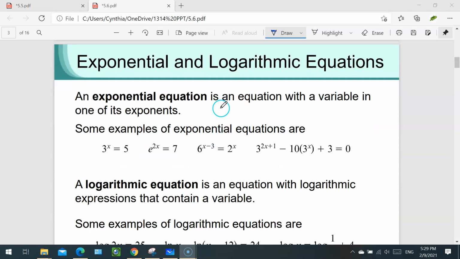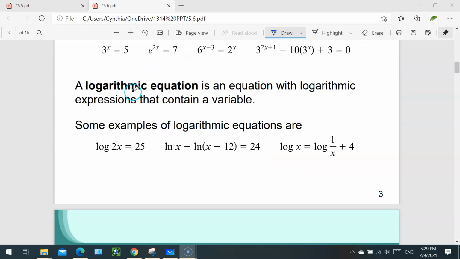Exponential equation is an equation with a variable in one of its exponents. So you'll see the unknown variable located in the degree power part. The logarithm equation is an equation with logarithmic expressions that contain a variable.